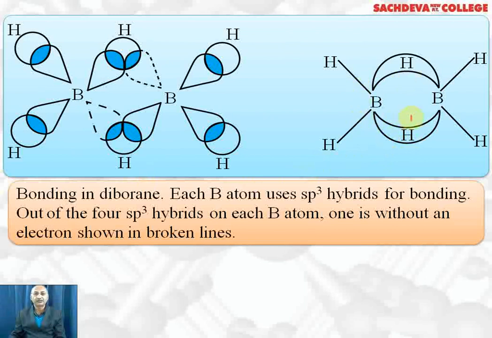This angle is 120, this angle is 120. Bonding in diborane: each boron atom uses sp3 hybridization for bonding. Out of the 4 sp3 hybrid orbitals on each boron atom, one is without an electron, which is shown by broken lines. So an empty orbital combines with hydrogen and boron overlaps to form hydrogen bridges.